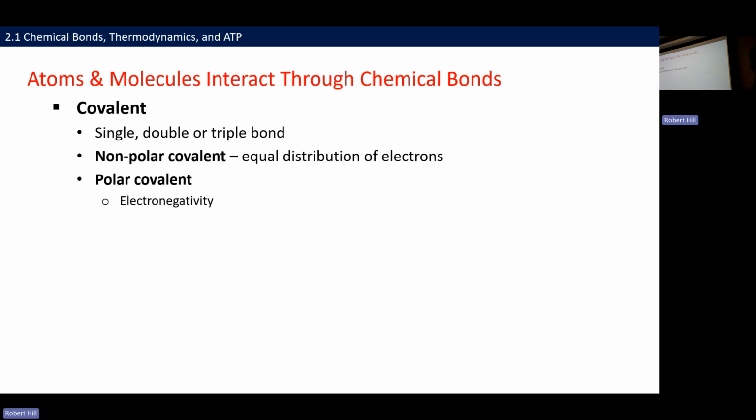So how atoms interact with each other is through molecular bonds, right? You've got different bonds, covalent, ionic, hydrogen. And what makes them different, big importance to us, is the strength of those bonds. Covalent bonds are considered like a permanent bond between two atoms. Can be broken enzymatically, but it would take a very low delta G to do that.